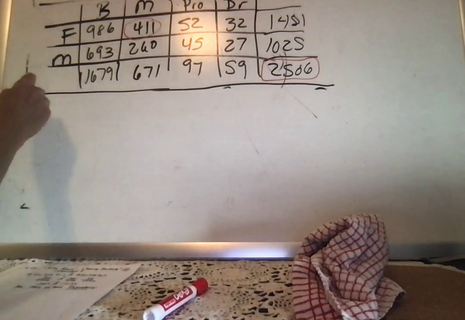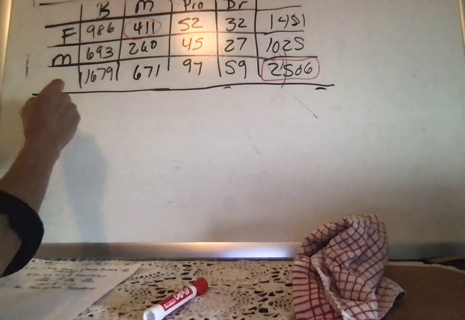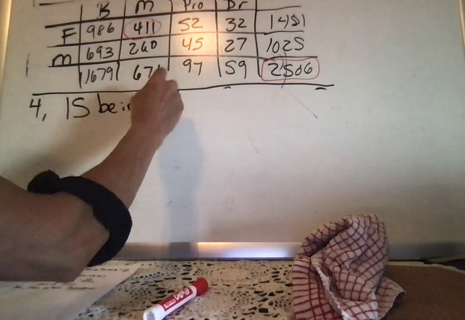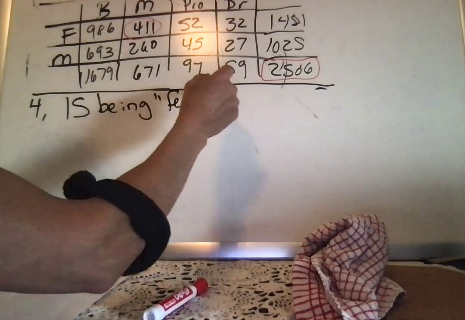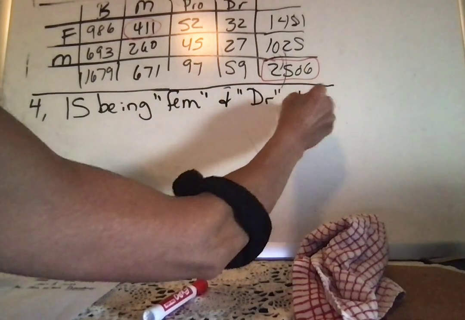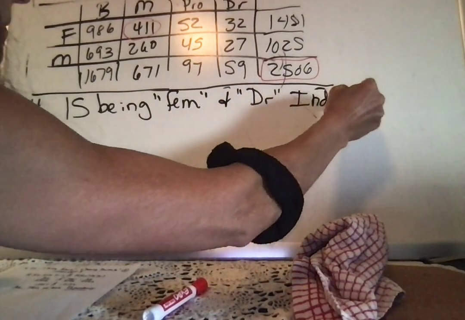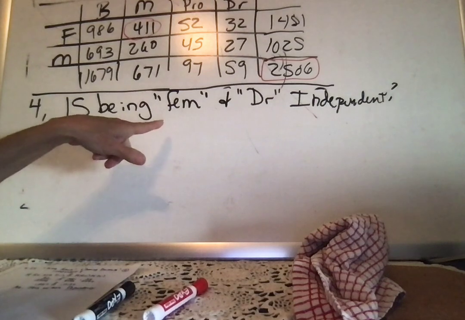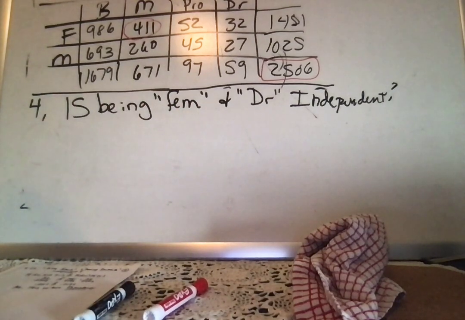We'll call this number 4. So I do have to tell you which two values of the variables I'm interested in. Is being female and having your doctorate independent? So we're checking that.